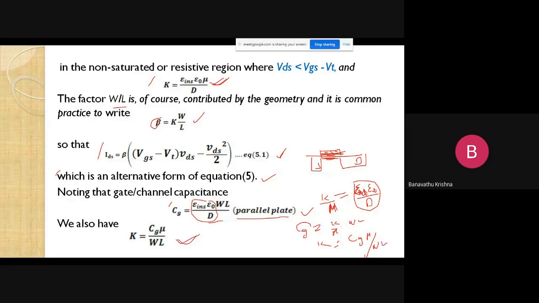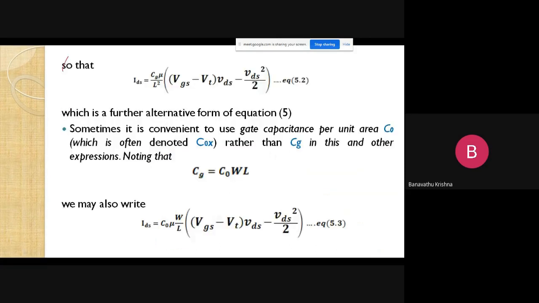This is the formation: K equal to Cg into mu by WL. So Ids equals Cg into mu by L square.